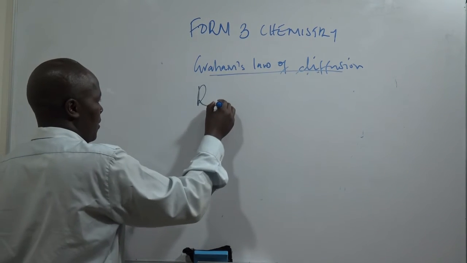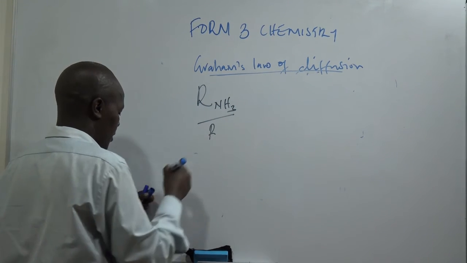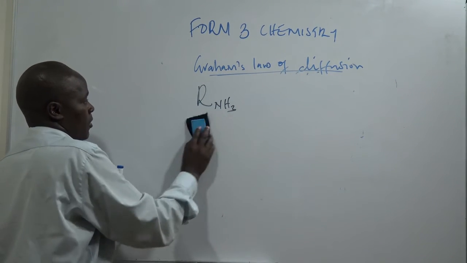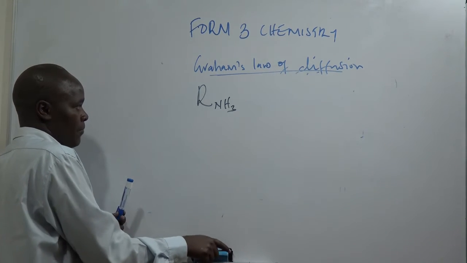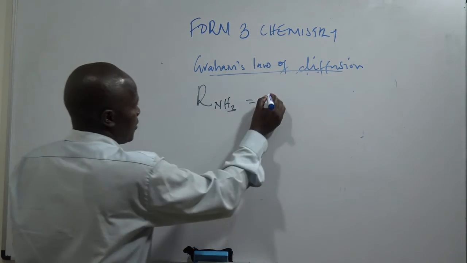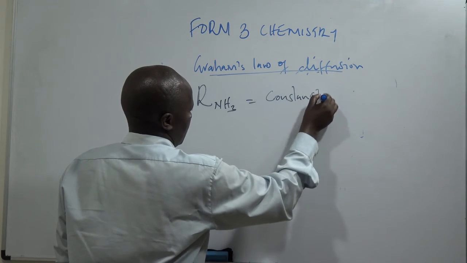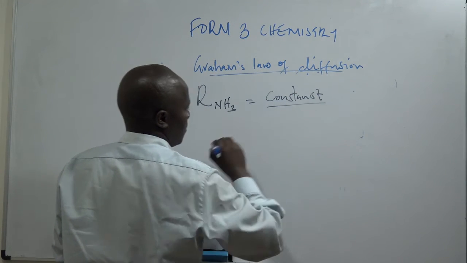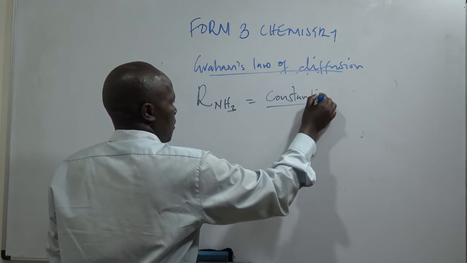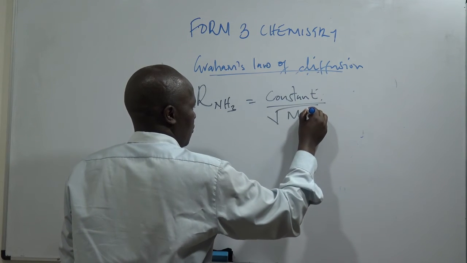So the rate of diffusion of ammonia equals, I introduce the equal sign, a constant over the square root of molecular mass of ammonia.